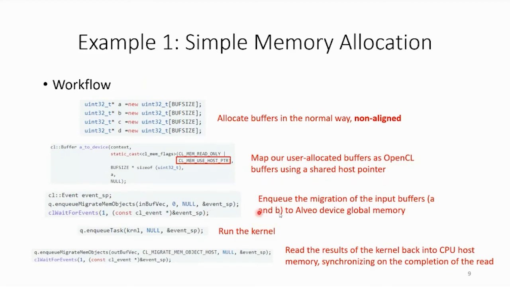Then we need to migrate the input buffer to the FPGA global buffer. And we can run the kernel, and finally we can read the result of the kernel back to CPU host memory.